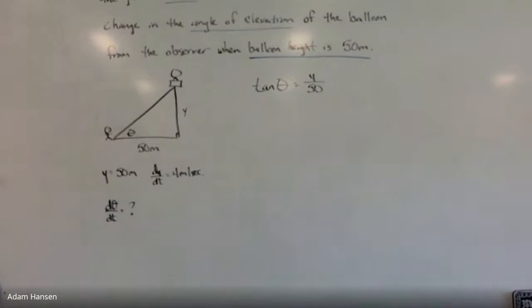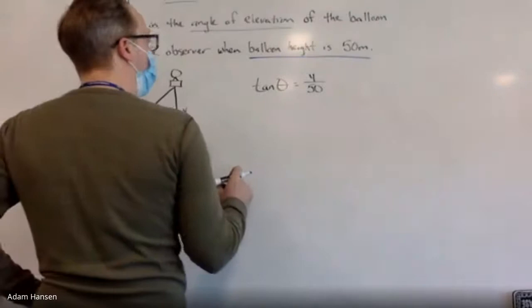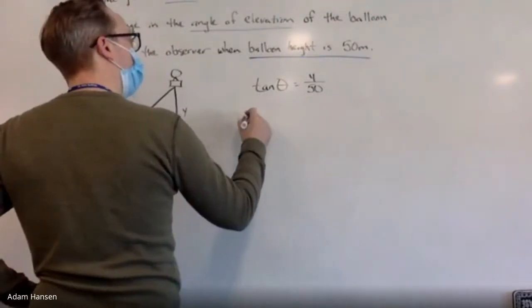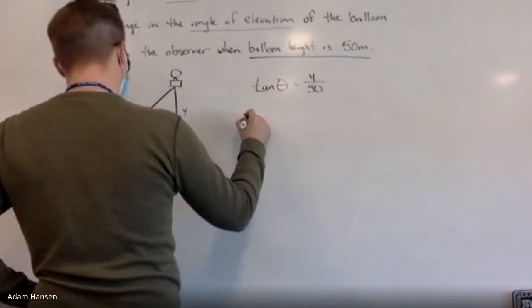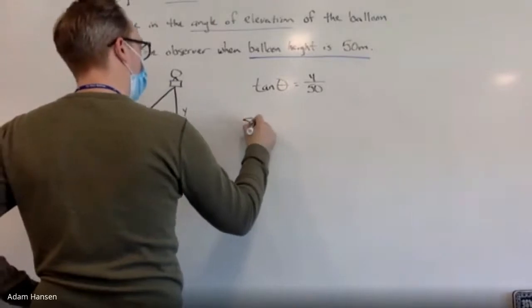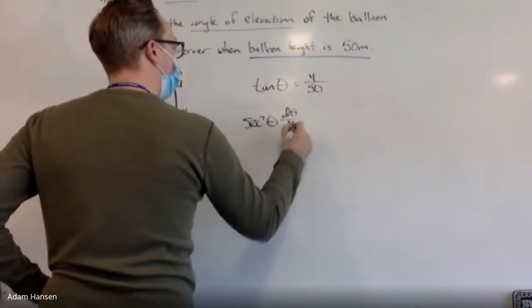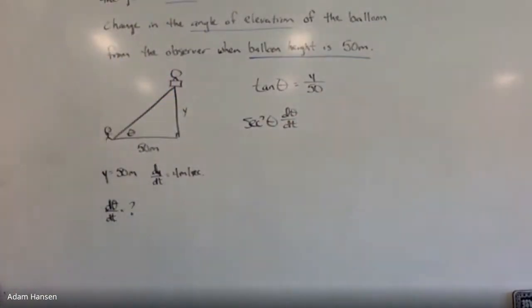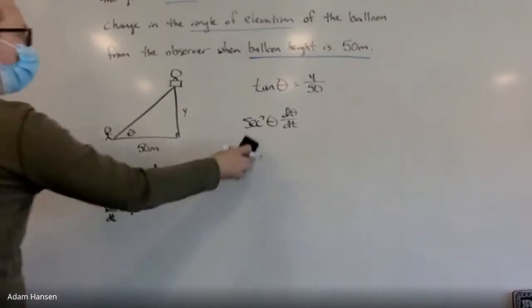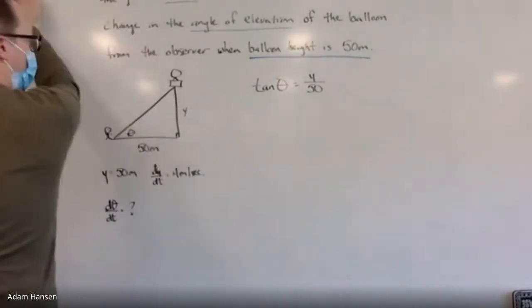I want to find d theta dt. So let's do it. Tangent theta. What is the derivative of tangent? Secant squared theta d theta dt. Let's do the same thing to the other half.